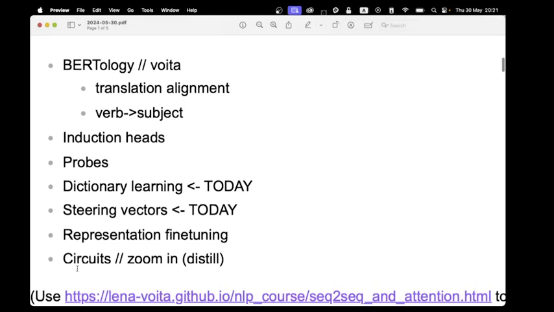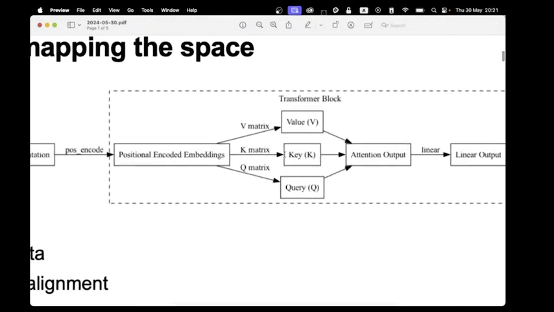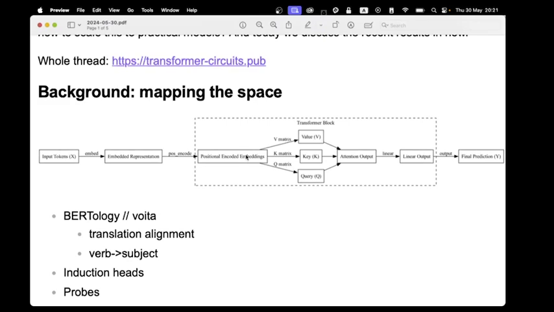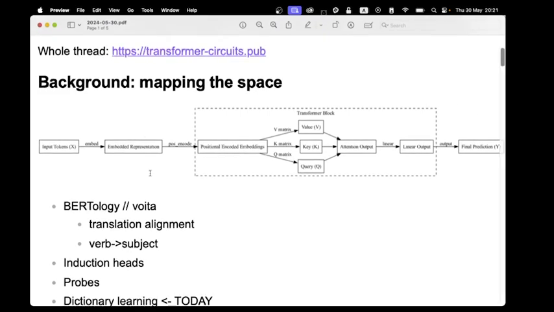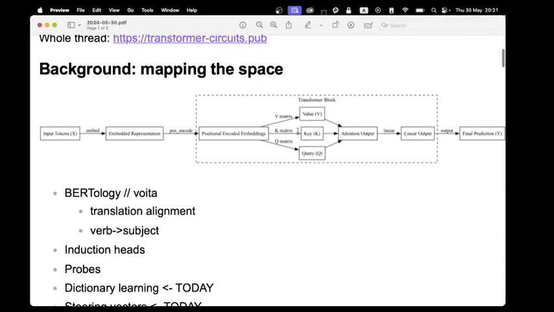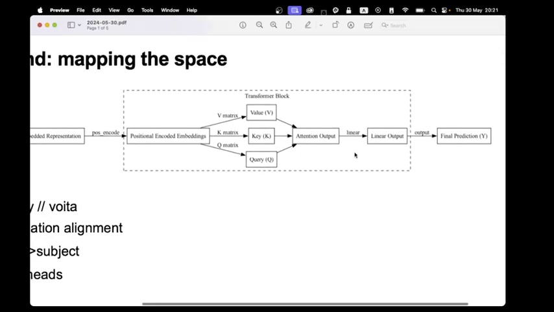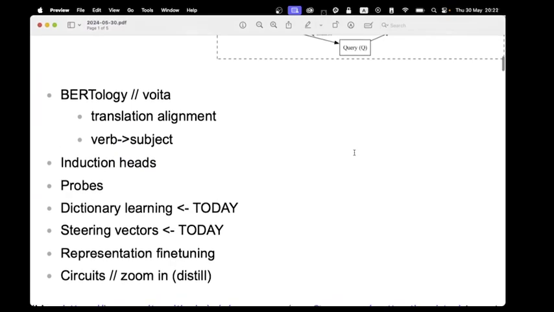Okay, that was circuits. And circuits don't work on this picture exactly, because they were originally envisioned for CNNs, and this is a transformer architecture. But if they did, they would work on linear output, like this is a direct translation.